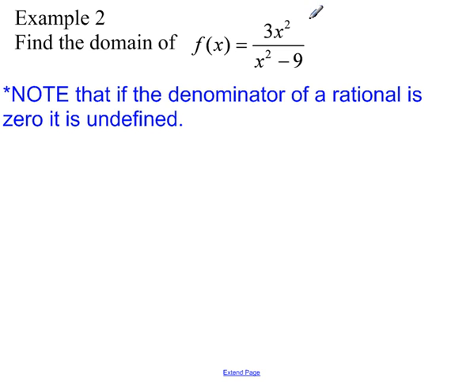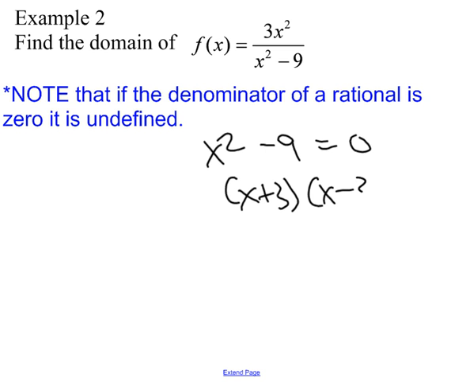So we're going to take that denominator and set it equal to 0, and we're going to solve for x so we can know what x cannot be. We got x plus 3, x minus 3, that's the factorization of x squared minus 9, and we get x equals plus or minus 3. In other words, x cannot be plus or minus 3.